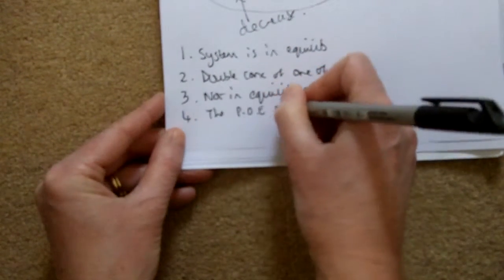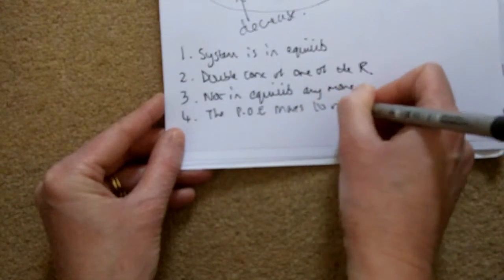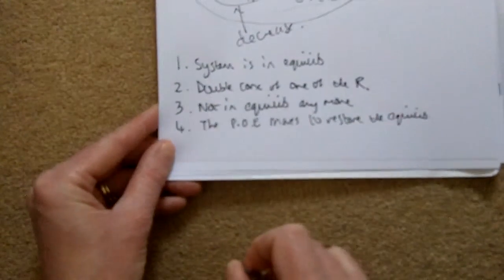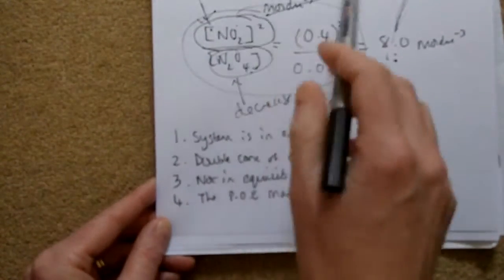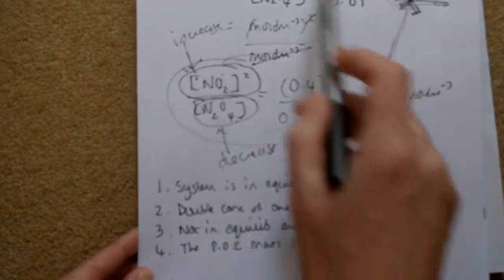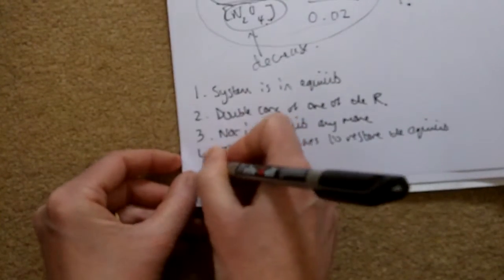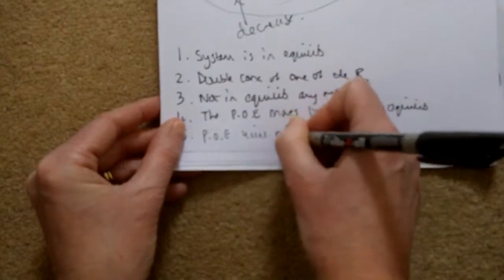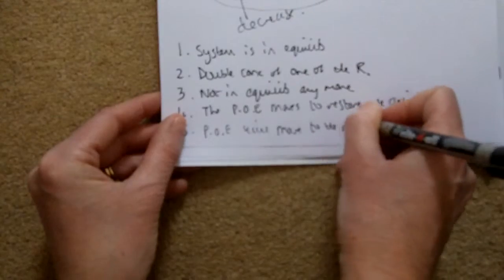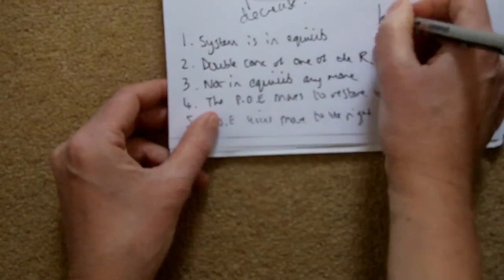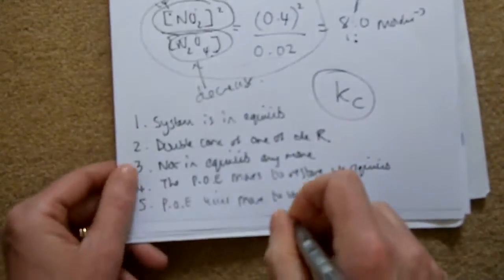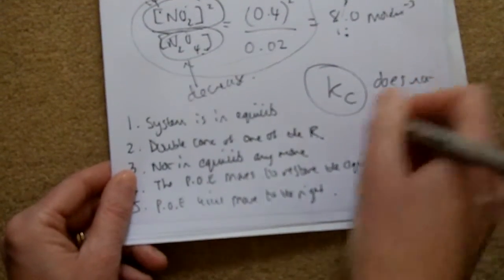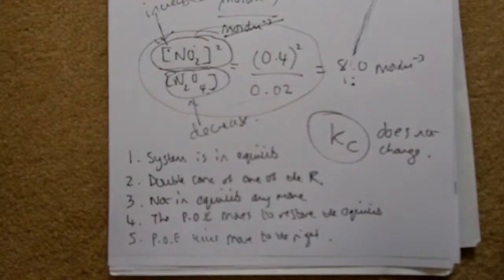The position of equilibrium moves to restore the equilibrium. And in this case, we need to increase the Kc, so the position of equilibrium will move to the right. But the actual numerical value for Kc or Kp does not change. The only thing that changes the value is temperature.